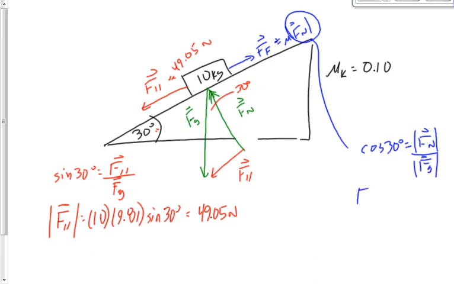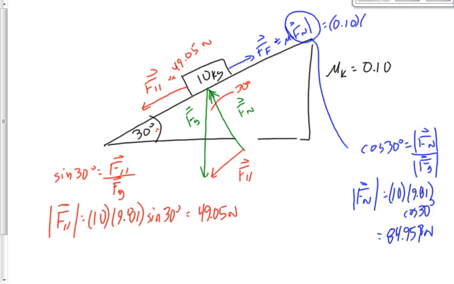That's going to be equal to 10 times 9.81 times cosine 30 degrees. 84.957 newtons. Okay, so let's now say friction is 0.10 times 84.957.